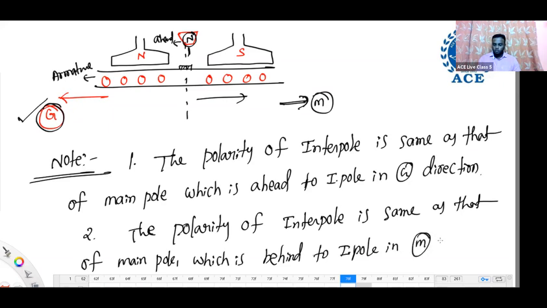If they give a motor in the question, you have to look behind. If they give a generator in the question, you have to look ahead. Okay, these two statements only: ahead for generator, behind for motor. That's it.